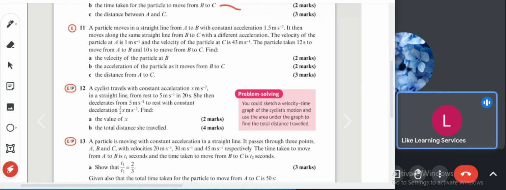You know what is written here? You know, for a velocity-time graph, the area under the graph gives you the distance, isn't it? Yeah. So if you sketch the velocity against time graph and calculate the area under the graph, you can also get the distance, like they rightly said.